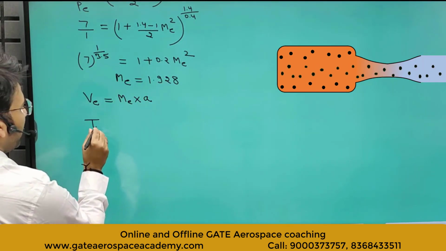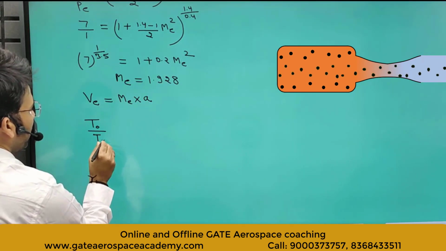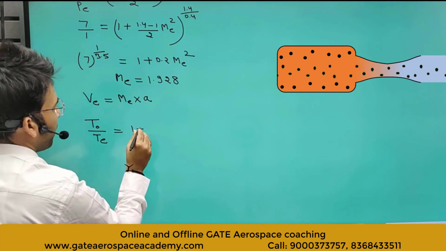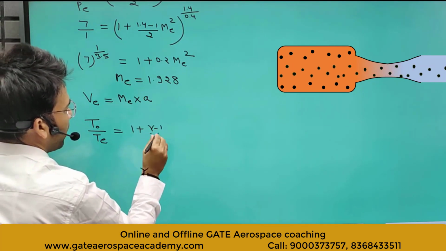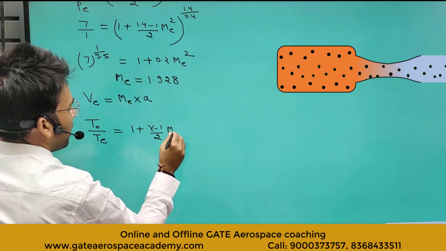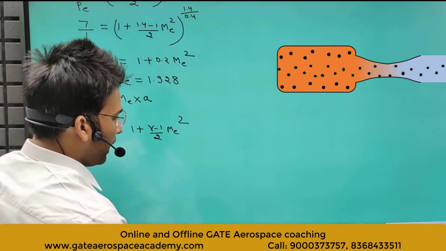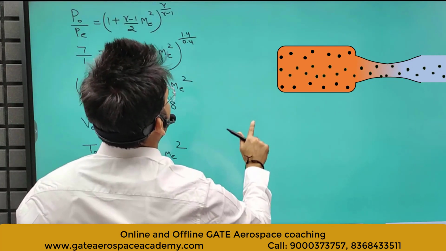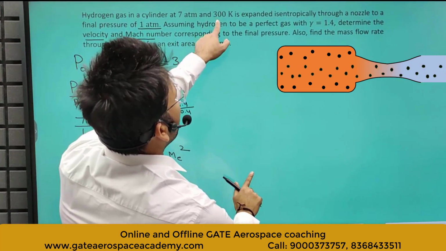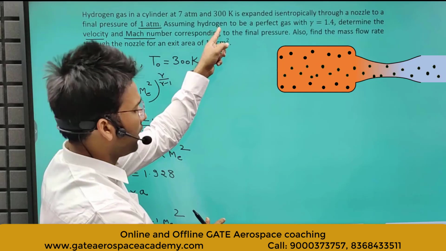We know T naught by Te is equal to 1 plus (gamma minus 1) upon 2 Me square, correct? T naught is given. What is T naught? Tank temperature, 300 Kelvin.